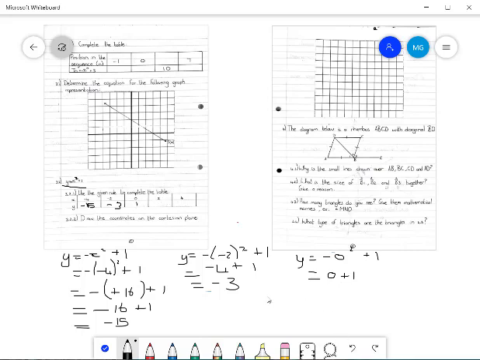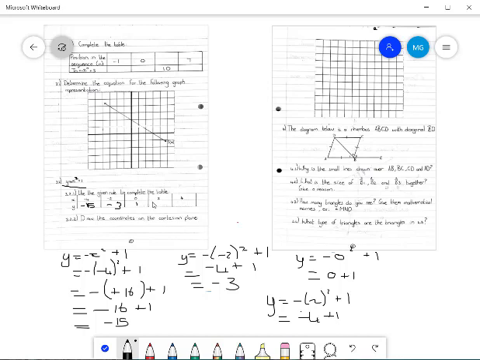If x was 2, that would give me 4, negative 4. Oh my goodness. Okay, that's negative 4 plus 1.